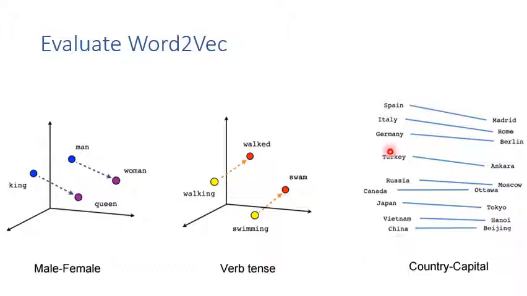The third example is that if you put all the country vectors and search for the nearest capital vector, the embedded vectors can correctly find the capital for each country. The nearest capital vector of Spain is Madrid, and the nearest capital vector of Italy is Rome. So the relationships between country and capital are correct.